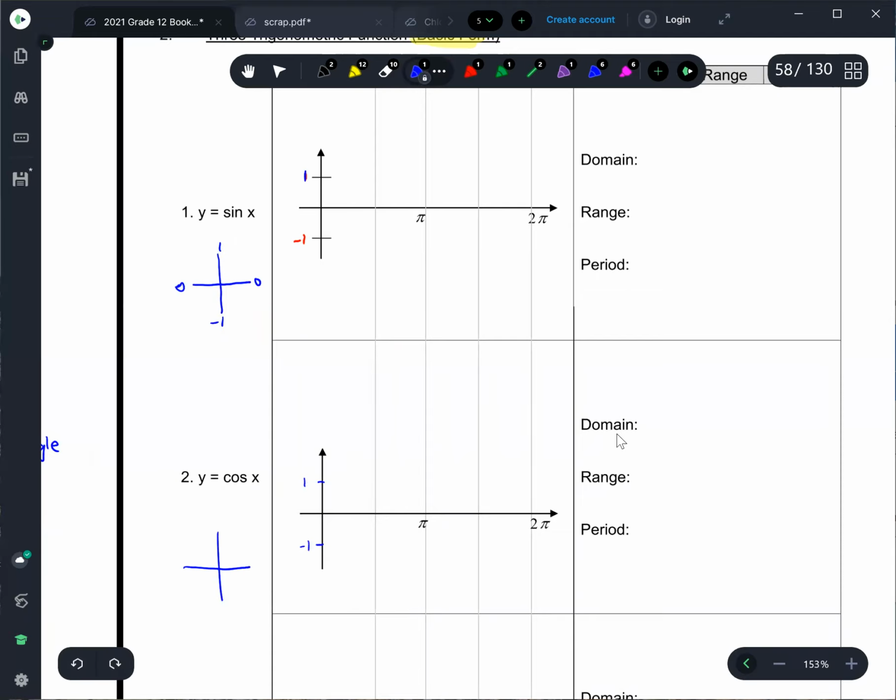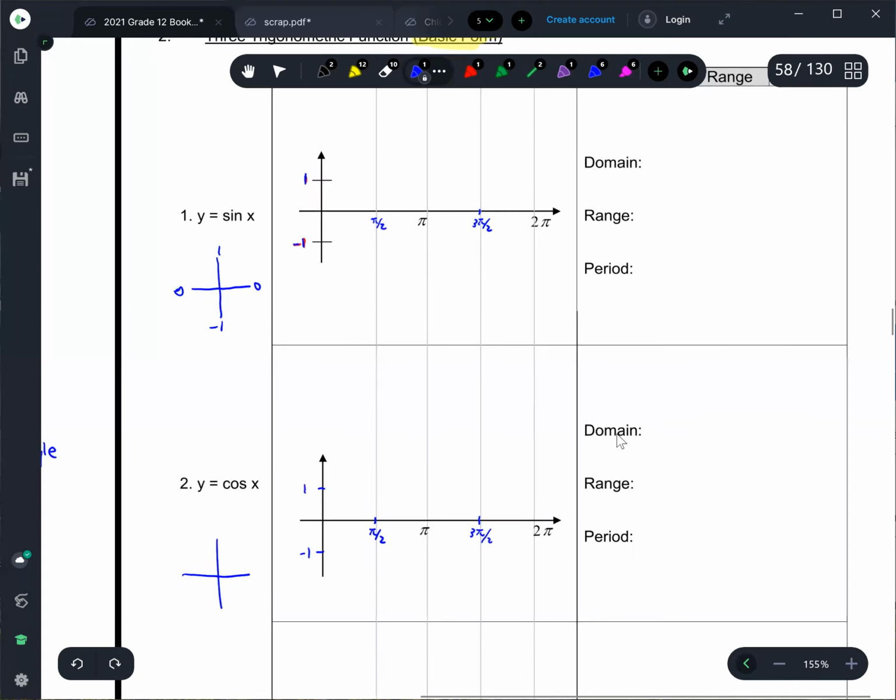So I'll let you guys fill these two graphs by yourself. Make sure you put the x values as well. Three pi over 2. Okay, please plot the 5 points for both sine and cosine functions.